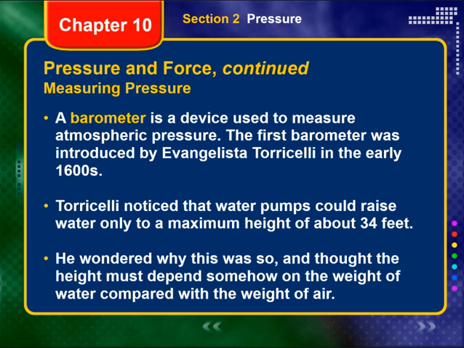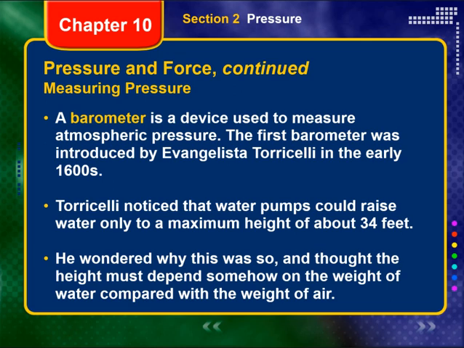Now we're going to talk about how pressure is measured. A barometer is a device used to measure atmospheric pressure. The first barometer was invented by a scientist named Torricelli in the early 1600s. Torricelli noticed that water pumps could raise water only to a maximum height of around 34 feet.